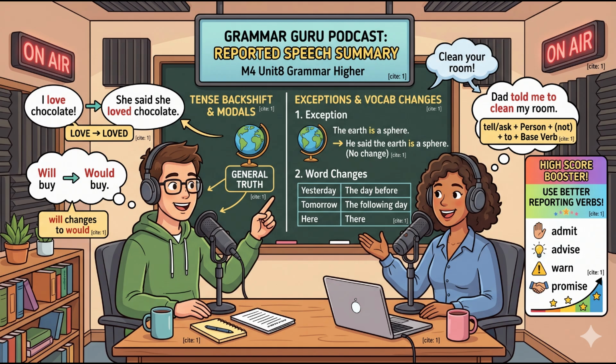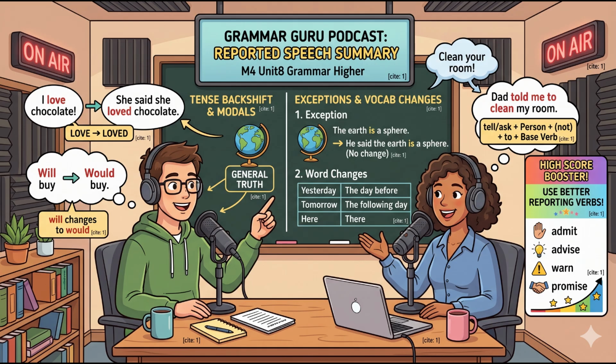Now that covers reporting facts. But what happens when someone wasn't stating a fact but telling you to do something, like "clean your room"? Oh, right, because an action like "clean your room" isn't a statement of past fact, it's an unresolved action. Exactly. This is where the mechanics shift from reporting history to reporting intent. For commands and requests, we don't backshift the tense like normal. So what's the formula?